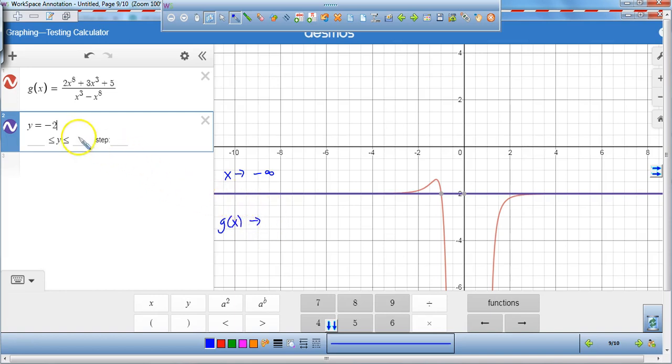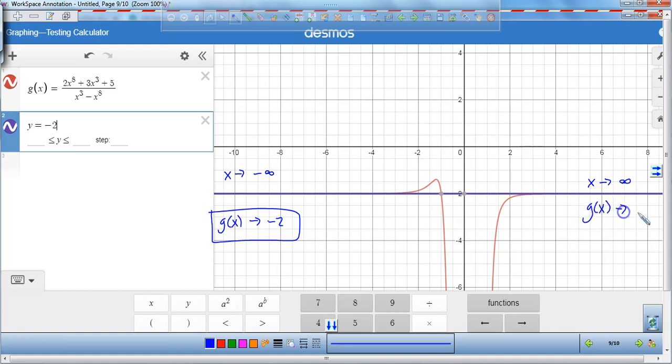It looks like it's approaching -2. It's just getting closer and closer to -2. And if the question asked us, if x was approaching positive infinity, what is g of x approaching? g of x is approaching -2 as well.